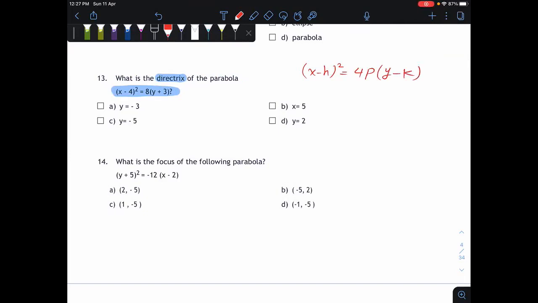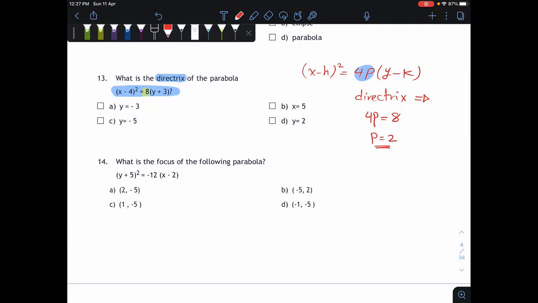So the equation of the directrix depends on the value of p. We have 4p equal to 8, so p is equal to 2.